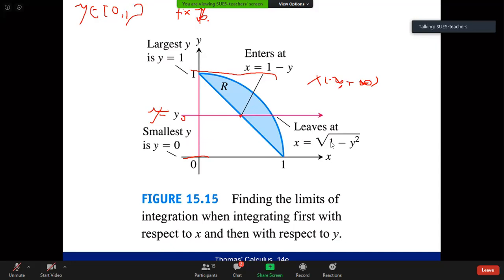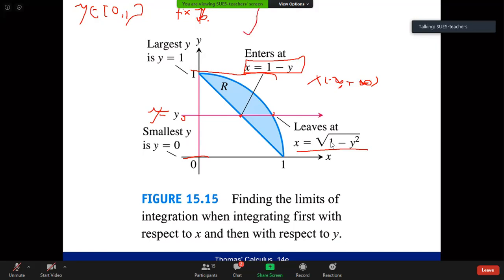So this point tells you that x is equal to 1 minus y, right here. And then you find the other intersection where y equals y0; the line goes outside of this range, so here x equals square root of 1 minus y squared.